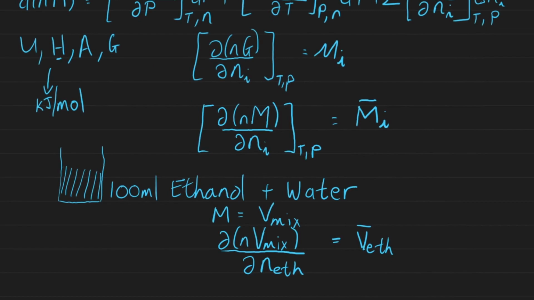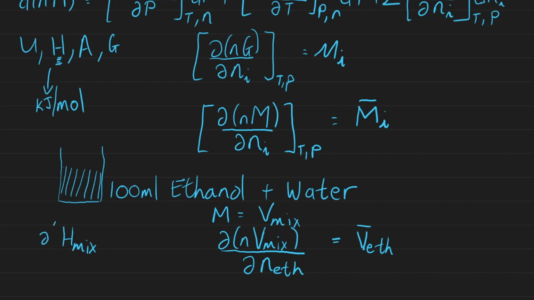Let's just say enthalpy. So in this mixture, there is enthalpy of this mixture. And now we're asking, if we add 1 mole of pure ethanol to this mixture, by how much will the enthalpy of this mixture change?